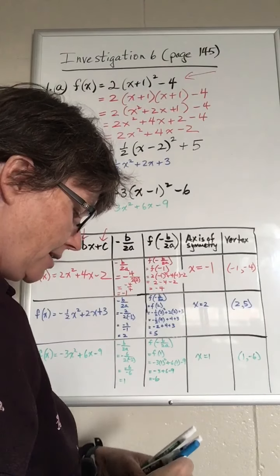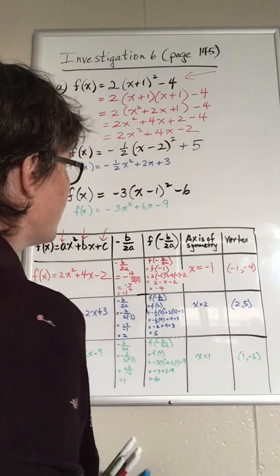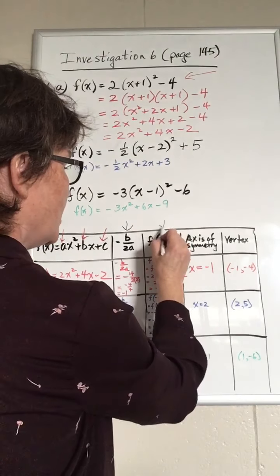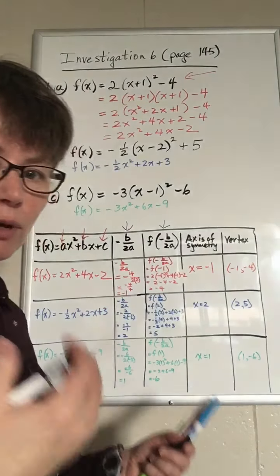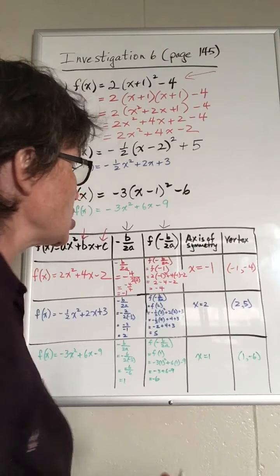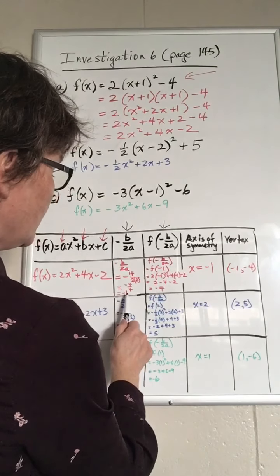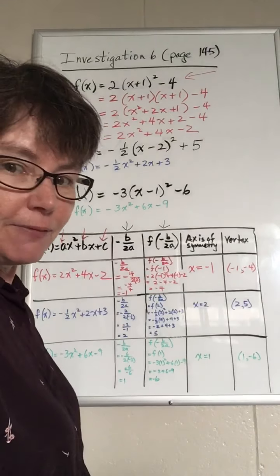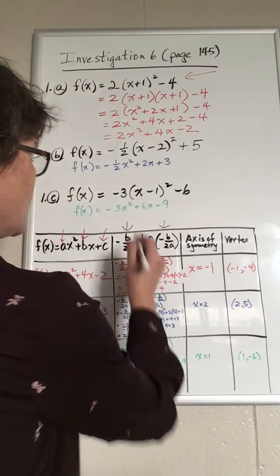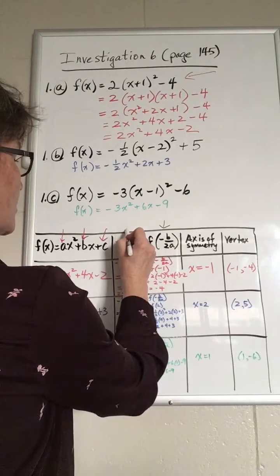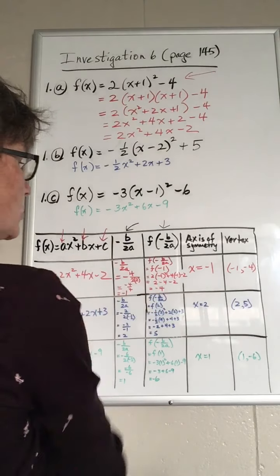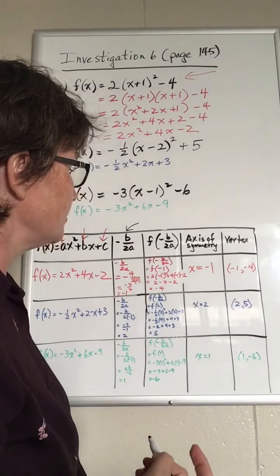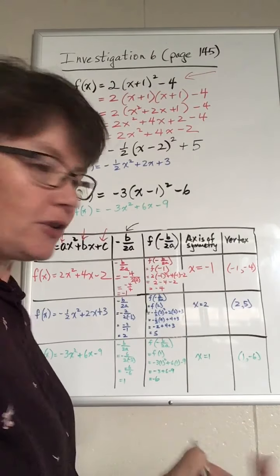Now, over here we're figuring out negative b over 2a, and then what does y equal when we substitute that value into the function. And notice what we get, negative 1, negative 4, and that is the vertex. Okay, so in other words, negative b over 2a in standard form or general form is actually telling us the x coordinate of the vertex.